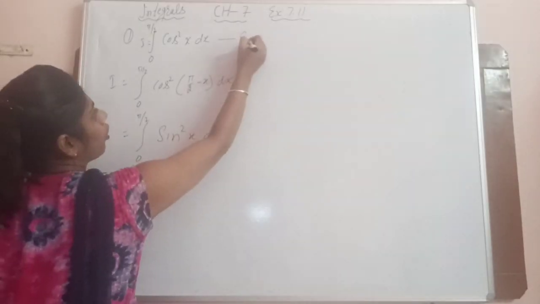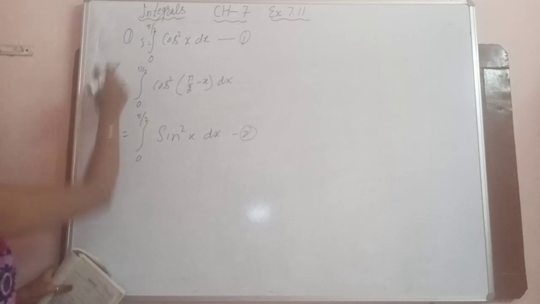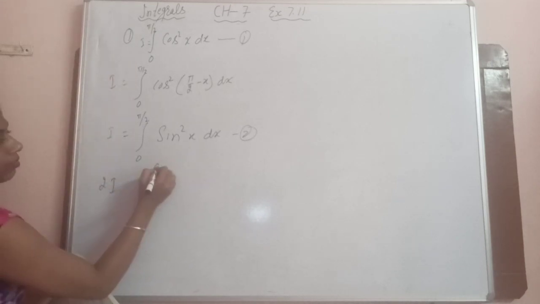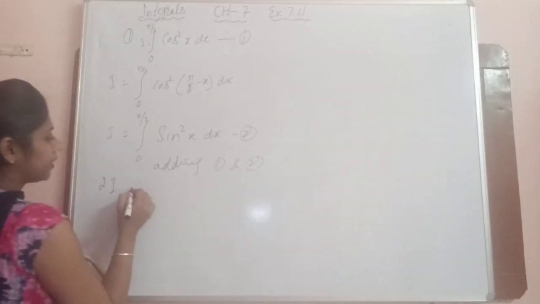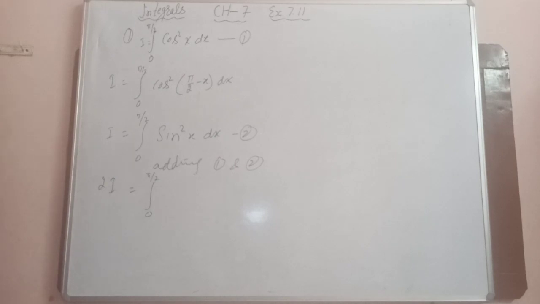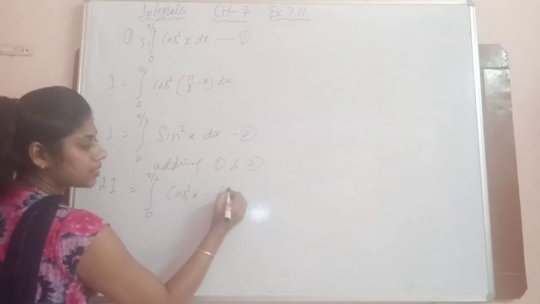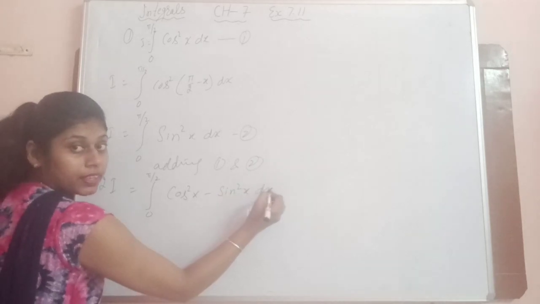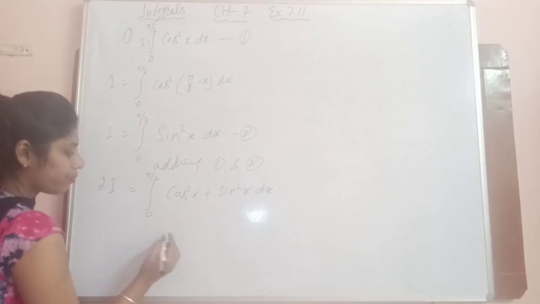Now add both first and second. Left hand side will become I plus I, 2I. We are adding first and second. Right hand side: integral from 0 to pi by 2 of cos square x plus sin square x dx. Cos square x plus sin square x is 1.